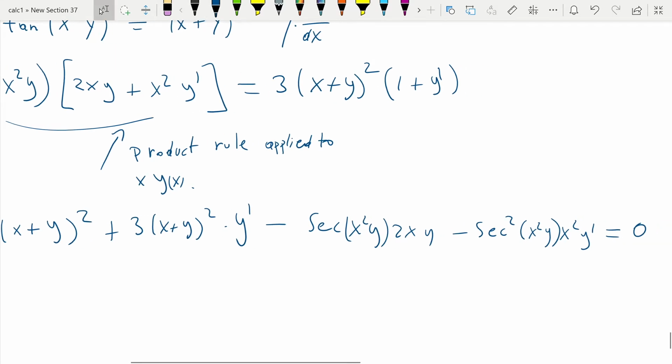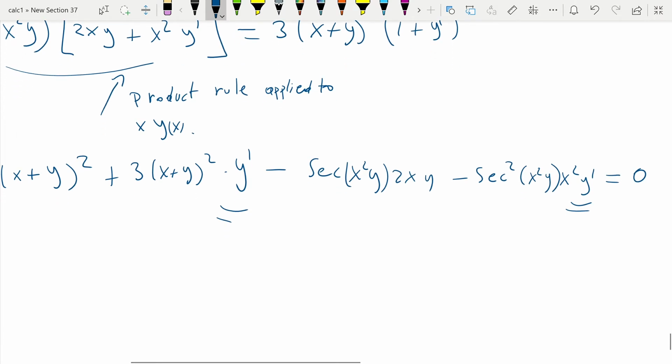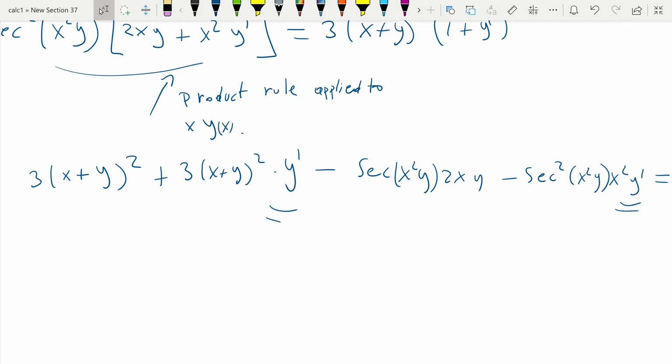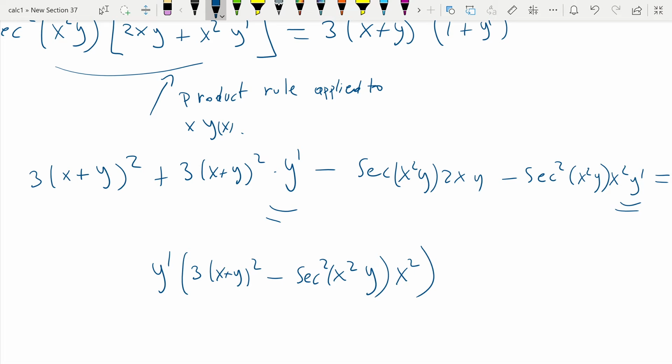And now we need to group like terms. What we're interested in finding is y prime. So we put the terms involving y prime together. So this becomes y prime times 3 times x plus y squared minus the secant squared of x squared y times x squared. So this is what you obtain here.